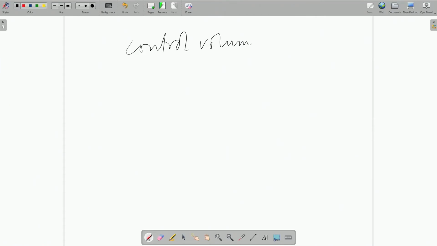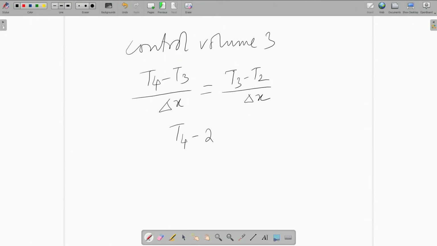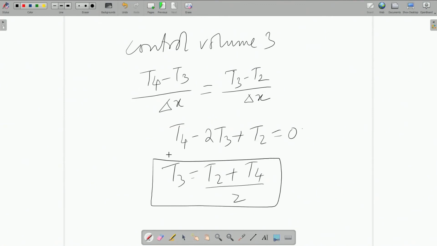So, we will write one for control volume 3 now. For control volume 3, the equation looks like, so, this also has a very similar outcome as control volume 2.